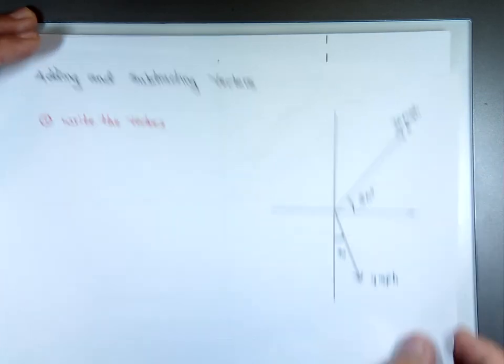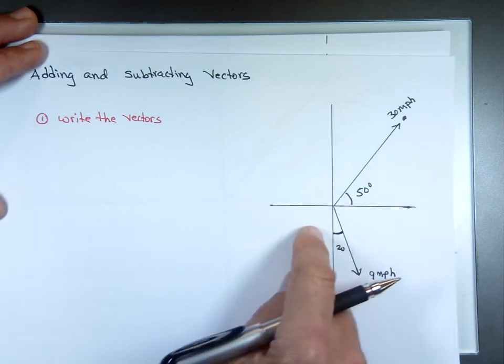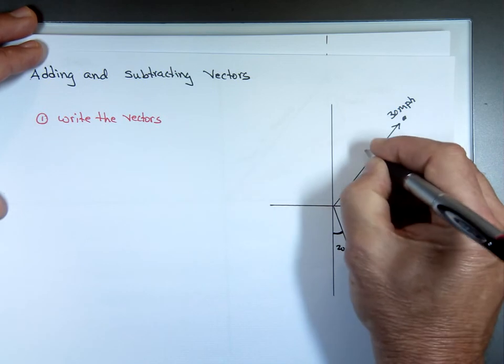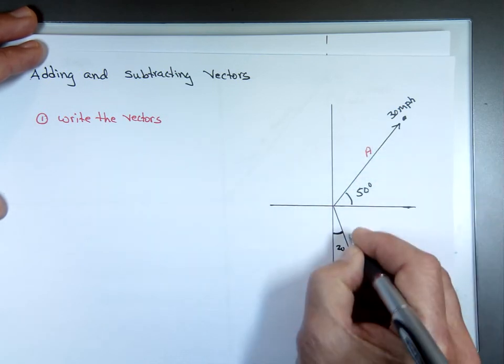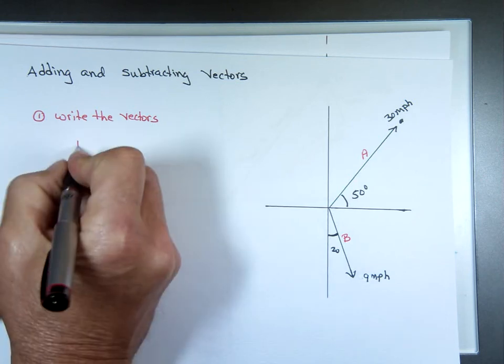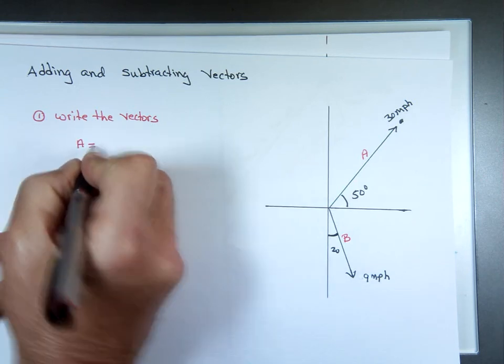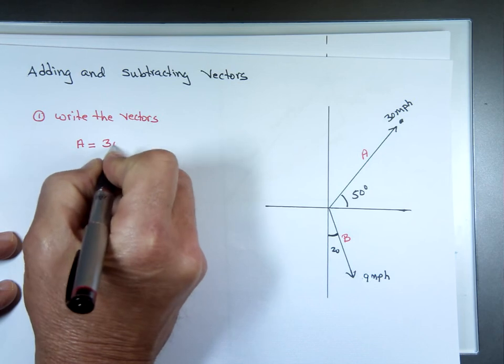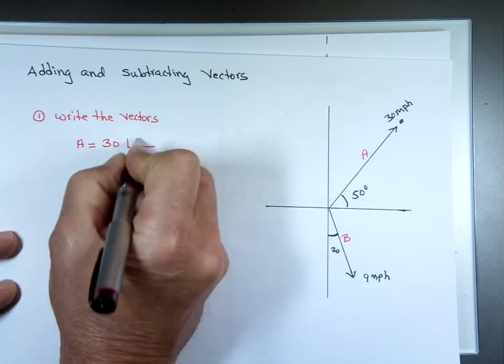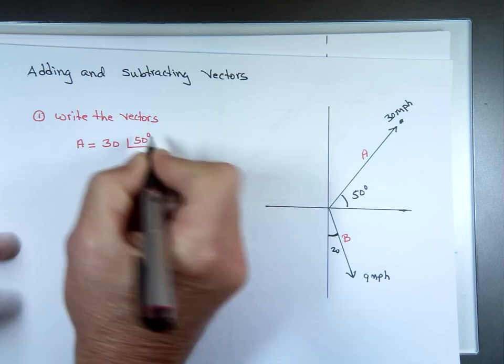I want to make sure all the angles are measured with respect to the positive x-axis. So I call this vector A, and I call this vector B. Vector A, how long is vector A? It's 30, and what's the angle? 50 degrees.